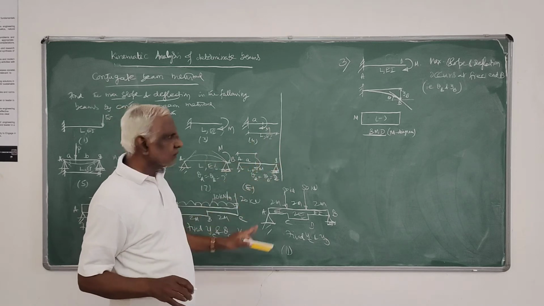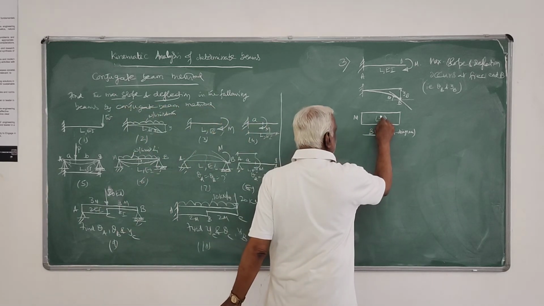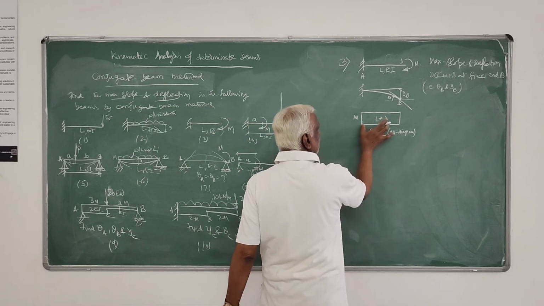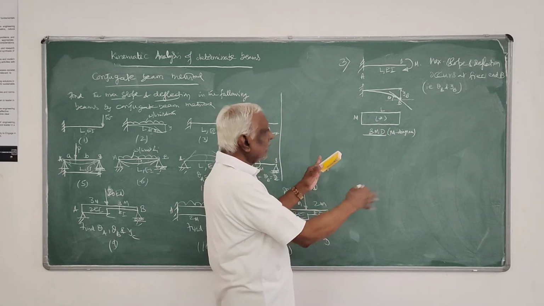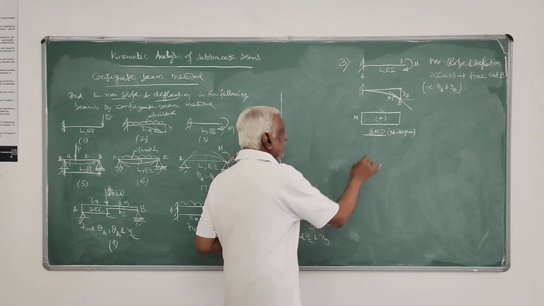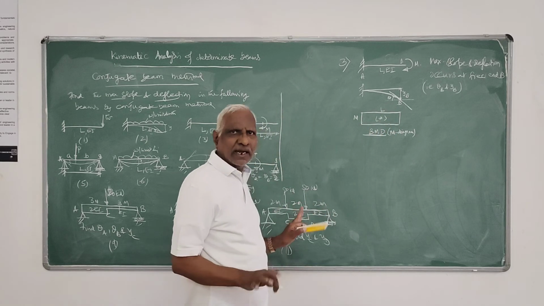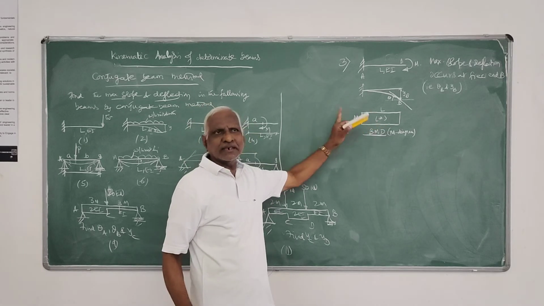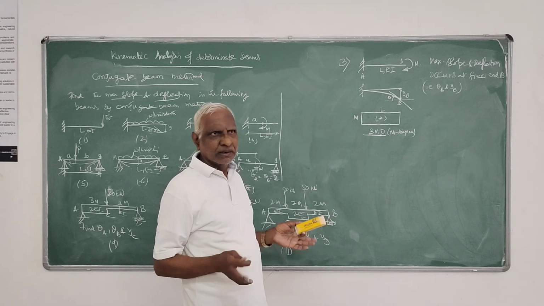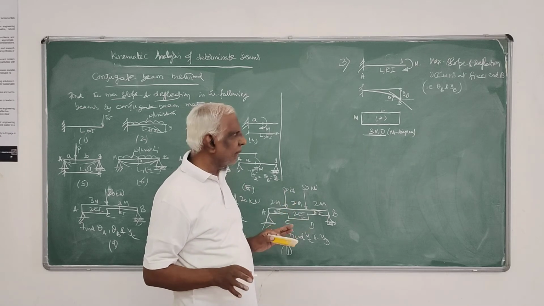This is that. And its center of gravity will be here, at a distance L by 2, where this is your L, in the bending moment diagram. So at that point this total area will be acting. The bending moment diagram area will be M into L. That's all. That much remember.